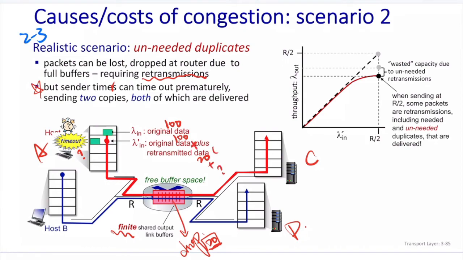So basically, it will be something like this. The 20 is caused by drops. A certain amount of retransmission is caused by timer timeout. So actually, again, lambda prime n is larger than lambda n, and it is even larger than in the previous scenario 2-2. Here we can see that some throughput is still wasted due to unneeded retransmission.